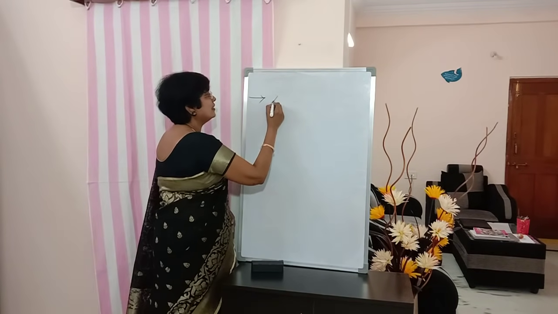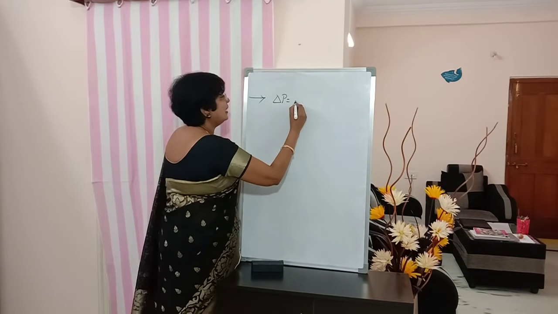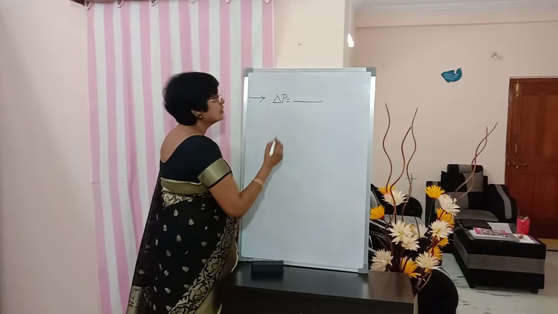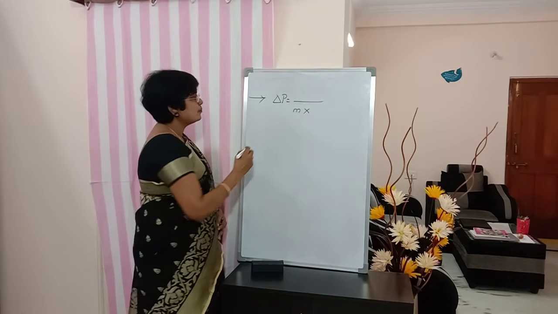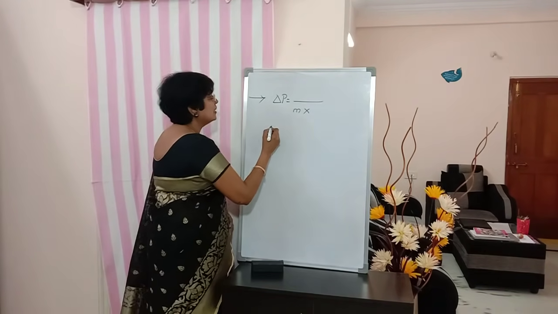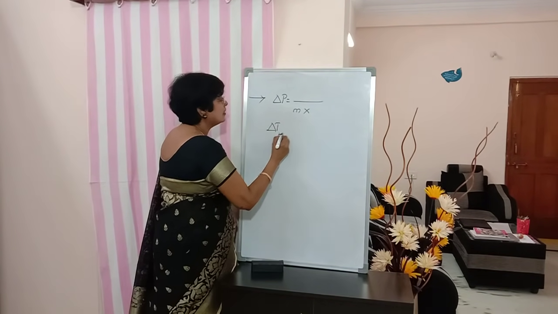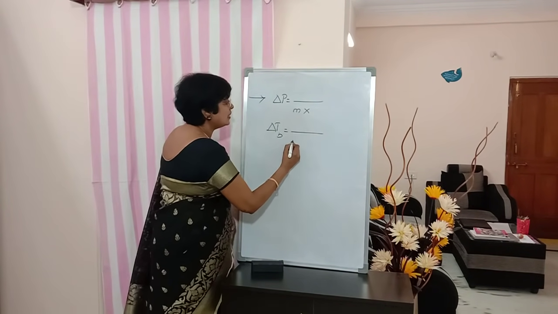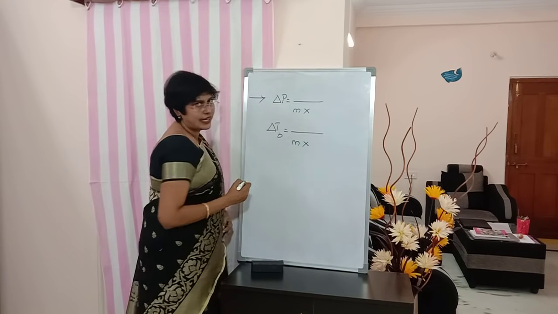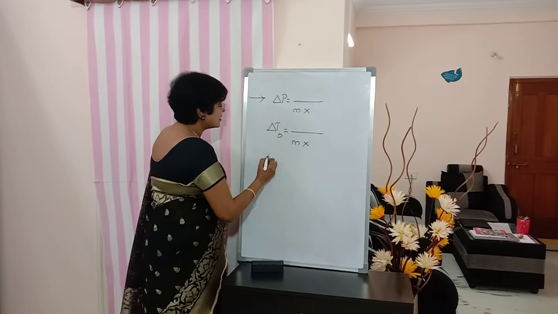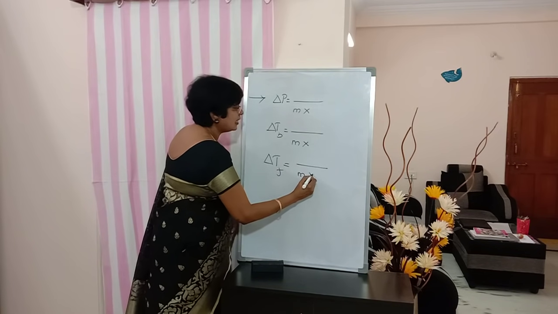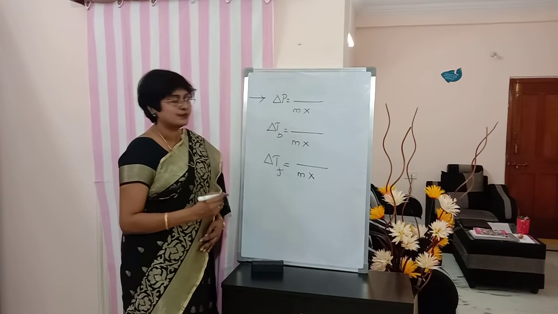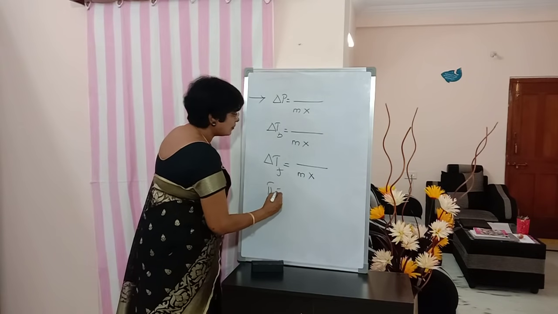I am writing here delta P is equal to something by molecular weight. Go back and check. Next, delta TB is equal to something by molecular weight into. Next, delta TF is equal to something by molecular weight into. Next, pi osmotic pressure.